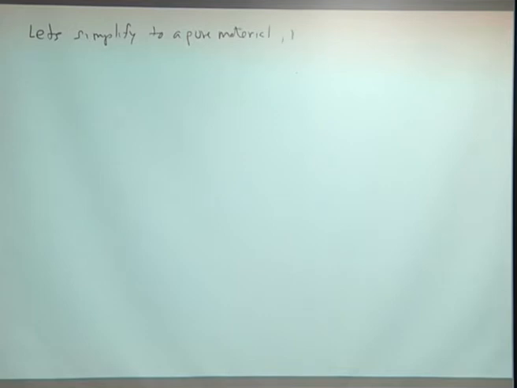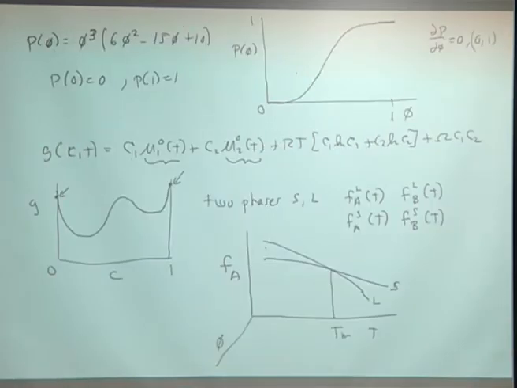Pure material. Let's look at pure material A. And so let's go back. So we're thinking about this plot over here. And you can see that from this plot, this is the free energy of the pure components. The only thing that really matters is the difference between the free energies, right? The absolute value doesn't matter.